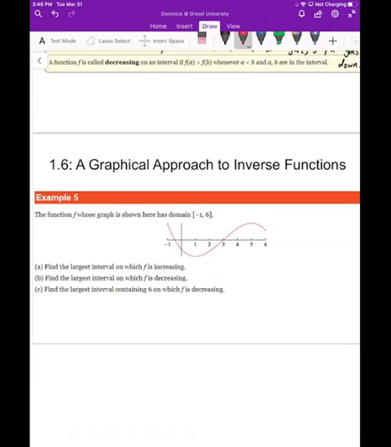If you follow the graph from left to right, you're going down until you get to about here, and this section is all decreasing, because as you move from left to right, the graph goes down in that area. Then it looks like it's increasing until we get to about 5, and of course here it's increasing, and then of course here it's decreasing.